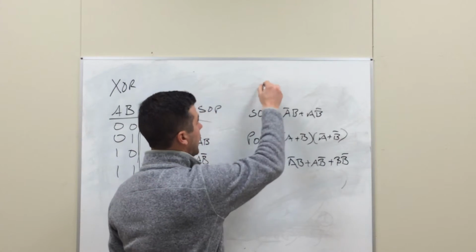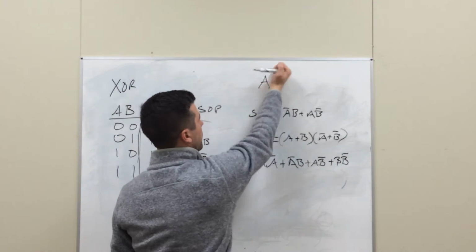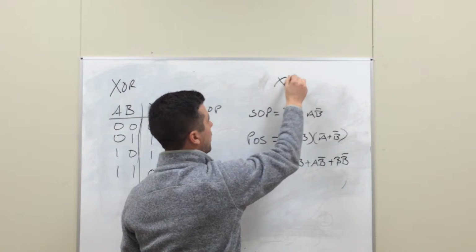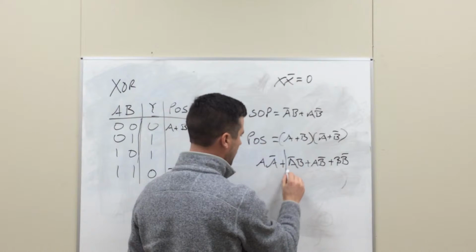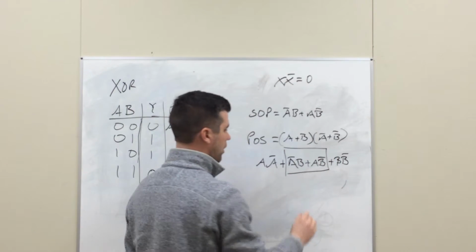The theorem states x times x naught is equal to 0. So what you're left with is right here.